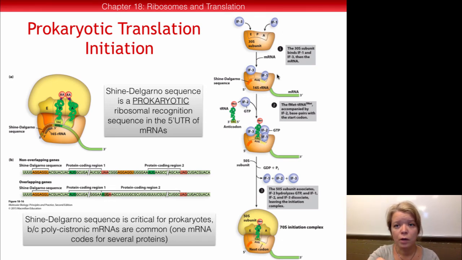There are a number of initiation factors that assist the small subunit in finding its mRNA and binding and positioning itself correctly on it. The first two are initiation factor 3 and initiation factor 1. I'm not going to make you remember the numbers. You can if you'd like, but I think you can always look something like that up.